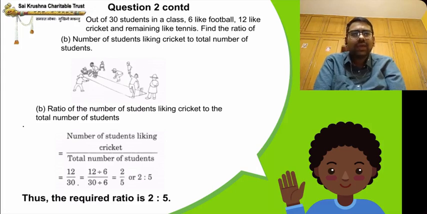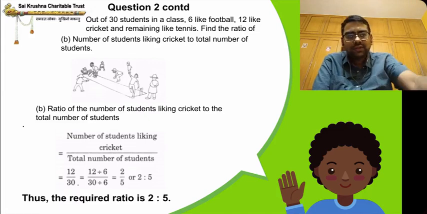Why 6? Why not any other number, 5, 3, 4 like that? Because 6 is the HCF, highest common factor, of 12 and 30. I taught in the fractions chapter how to reduce a fraction to simplest form. Remember? That is 2 by 5. 2 by 5 in fraction can be written using ratio as 2:5. Required ratio is 2:5.